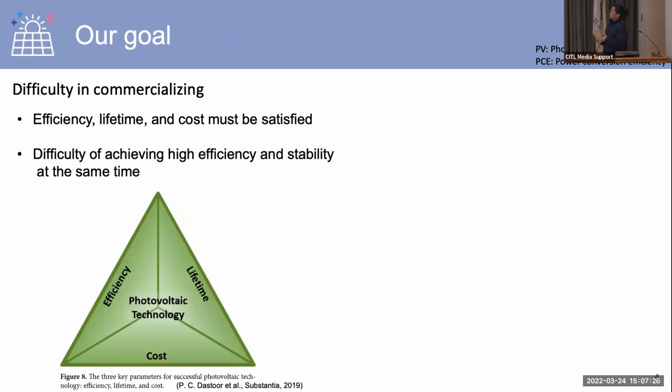Our goal in this research is to overcome some typical difficulties in commercializing OPVs. The most important and quite demanding difficulty that we must overcome is achieving high efficiency and high stability at the same time.